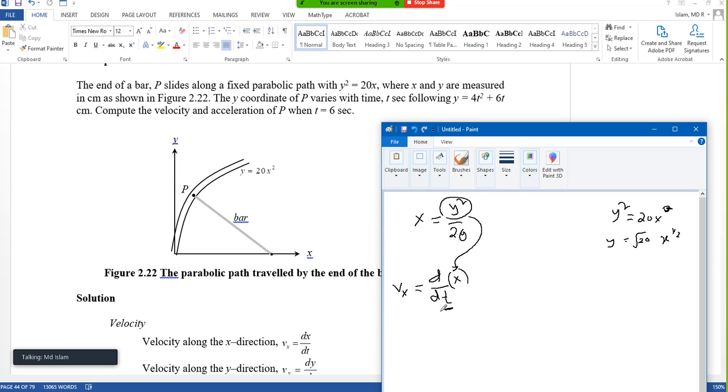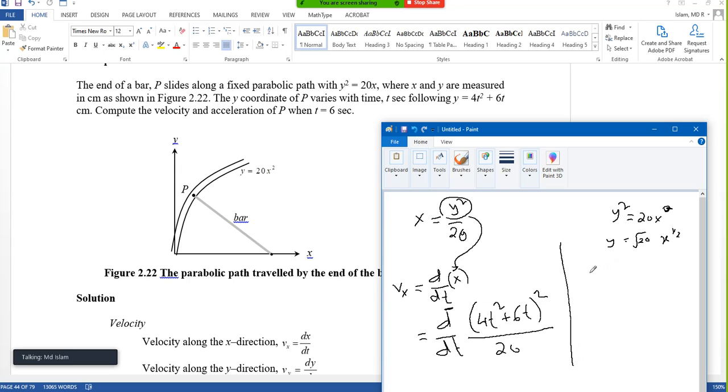How? Another equation is given for y. y is this. So d by dt of y squared, which is 60 squared, divided by 20. Now I need to simplify it and then do the differentiation.